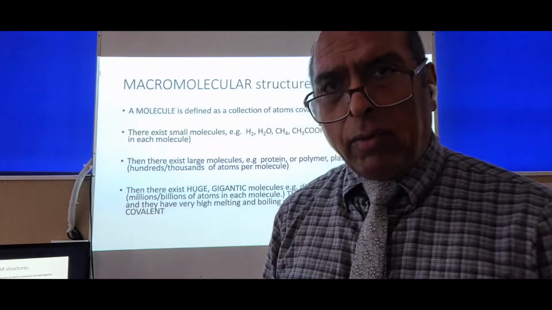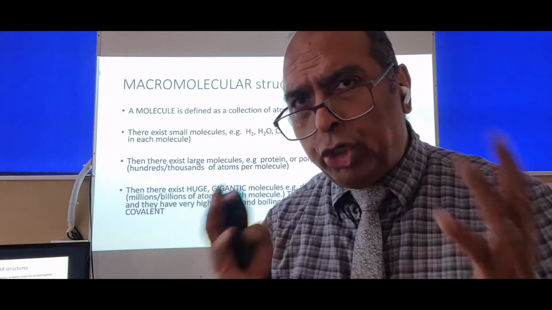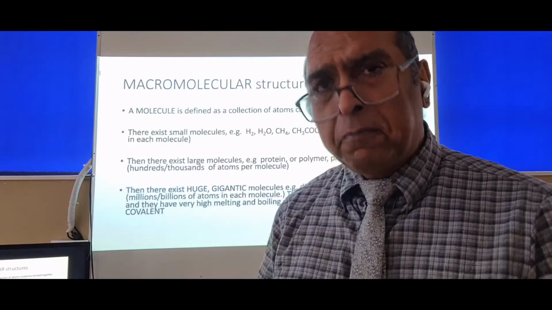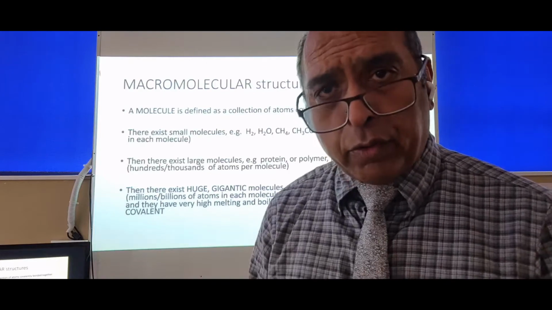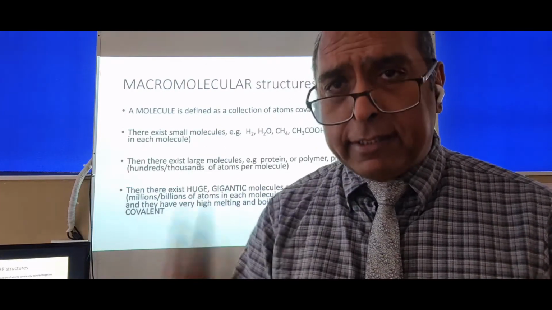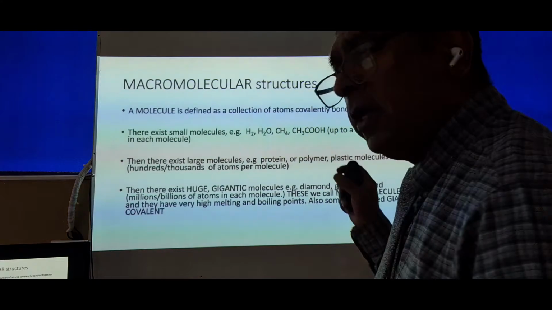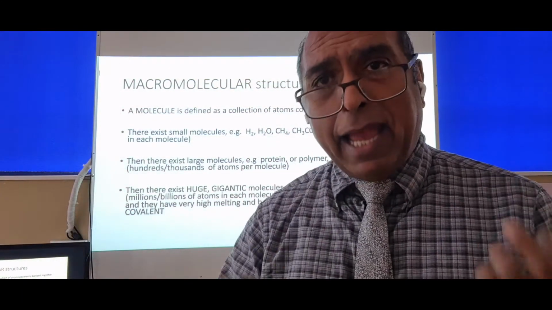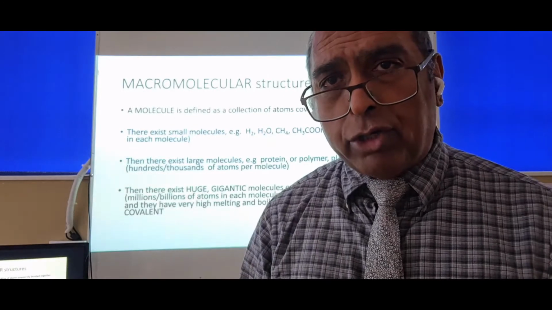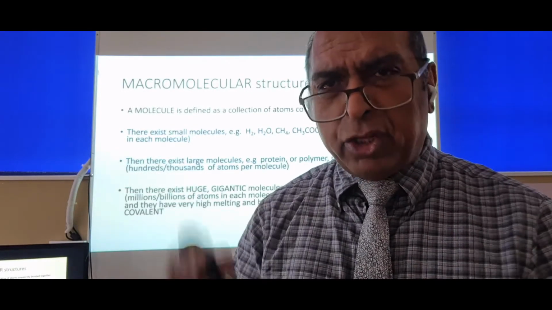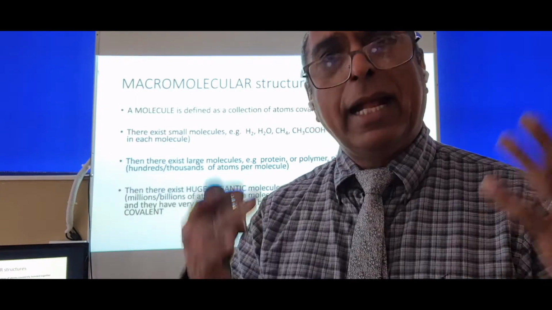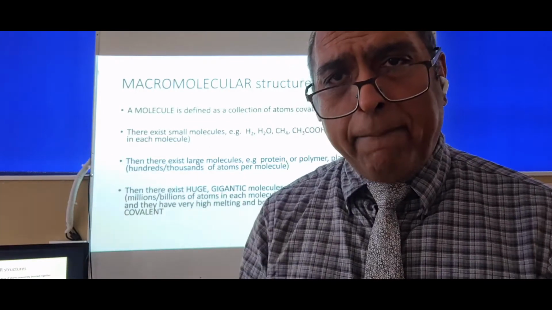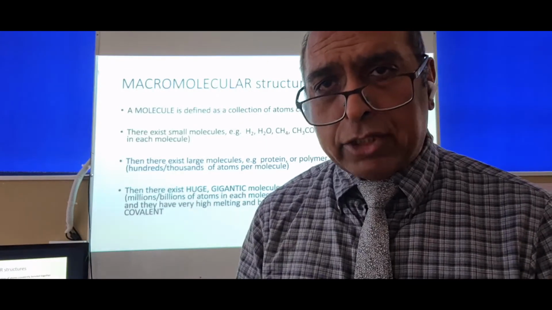You only need to know about those three. There are not huge numbers of macromolecular structures in our world, but for GCSE, you need to know those three: carbon, diamond, and sand. Whenever we have macromolecular structures, to melt them, you have to break the strong covalent bonds inside the huge, gigantic molecules. That always takes a lot of energy, and that always leads to high boiling points and high melting points as a consequence.